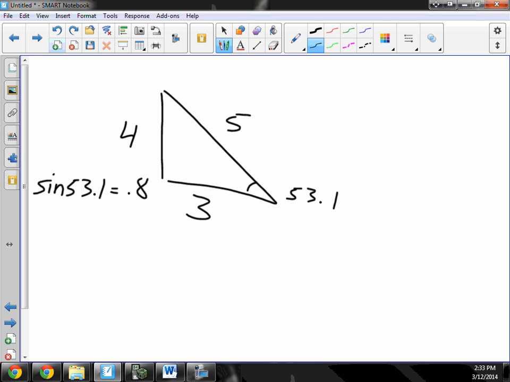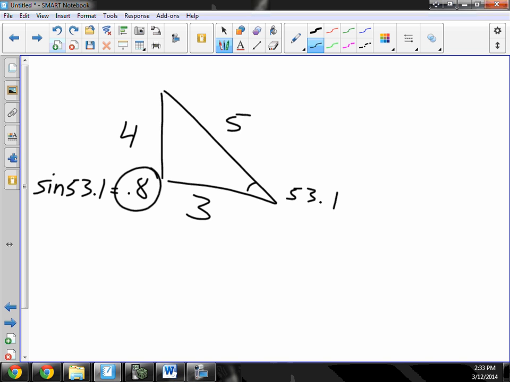If I make that angle a little bit bigger, is this ratio going to go up or down? Well, if I make an angle bigger, what effect does that have on the opposite side? So if this angle gets bigger, what happens to this side? Gets bigger, and the hypotenuse isn't going to change.